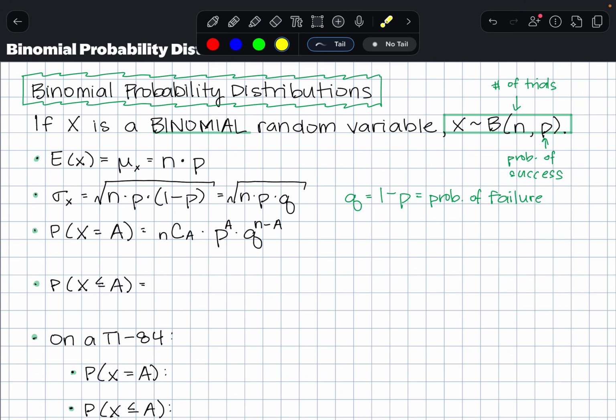So that's why that combination is showing up. If I want to do a range of values, I just have to remember that I add up all of the individual probabilities all the way up to x equals a.